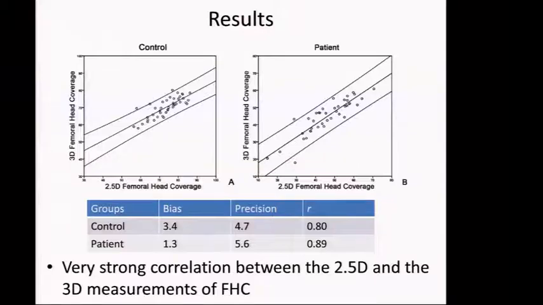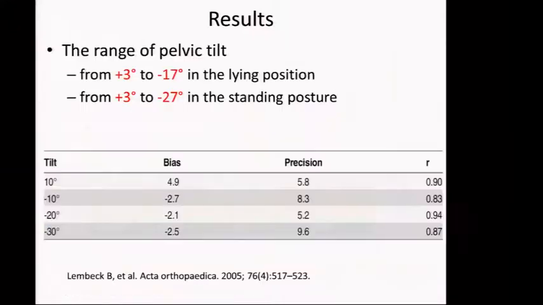We also compared the 2.5D measurement, taking the 3D measurement as the ground truth. Here is the linear correlation coefficient, and we also measured the bias and precision. As you can see, a very strong correlation between 2.5D and 3D measurements was found.